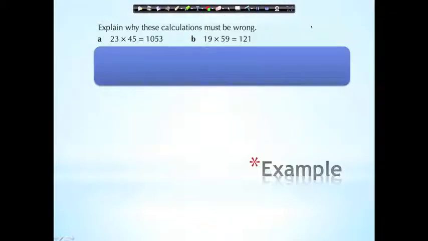Okay, so here's an example. It says explain why these calculations must be wrong. So the first one is 23 times 45 equals 1053, and part B is 19 times 59 equals 121. So have a think to yourselves why these calculations are wrong.